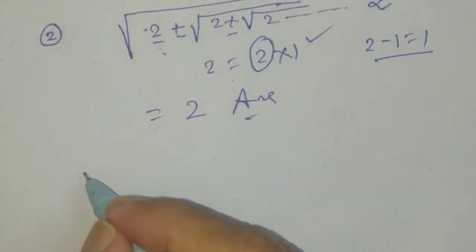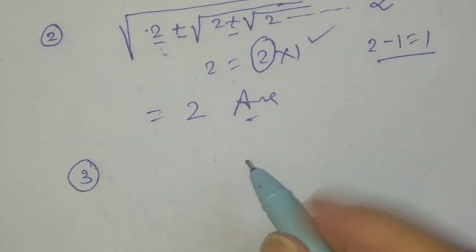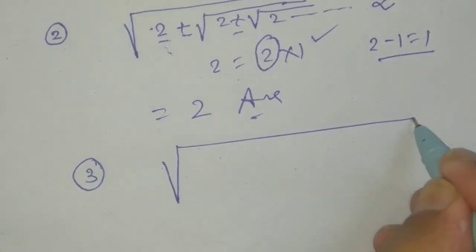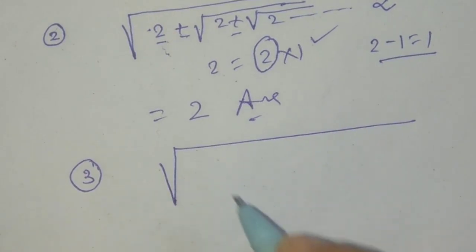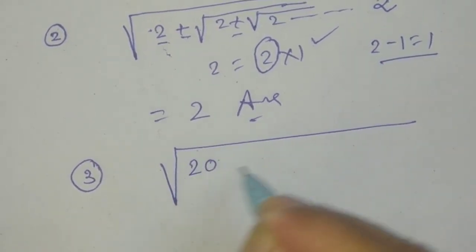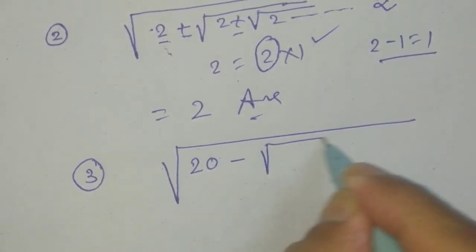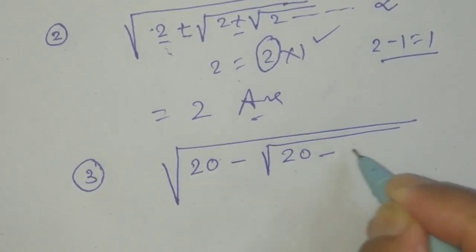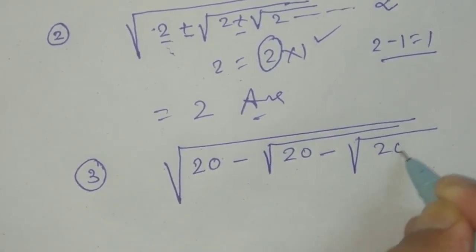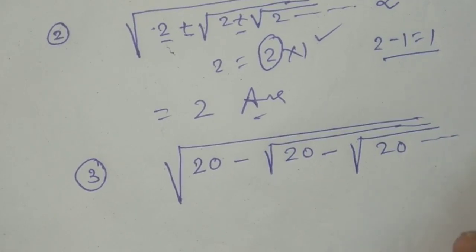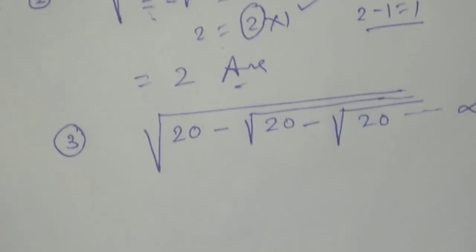Now, number 3. If it is like this, root over 20 minus root over 20 minus root over 20, it is up to infinite. So what is its answer?